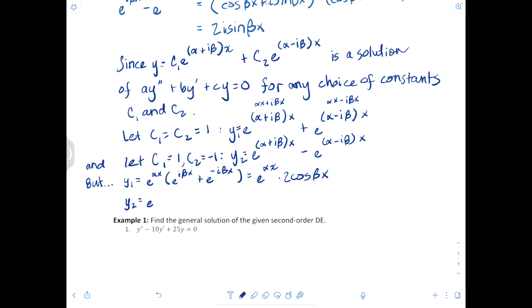And what about y2? Factoring out, using similar reasoning, e to the alpha x, we would have e to the i beta x minus e to the negative i beta x. But what was that? That was equal to, you'd have your e to the alpha x as a multiplier times 2i sine beta x.